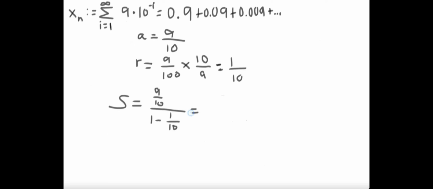Solving this, we would get 9 over 10, and the denominator would be 10 over 10 minus 1 over 10, which equals 9 over 10. Now you have 9 over 10 as the numerator and 9 over 10 as the denominator. So, this would equal 1. Therefore, 0.9 repeated equals 1.